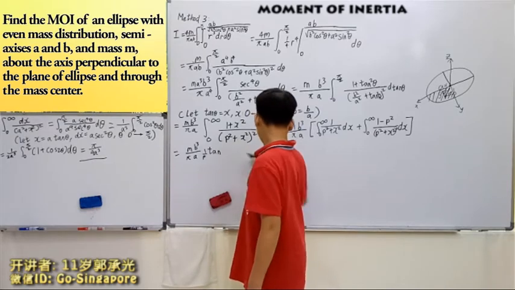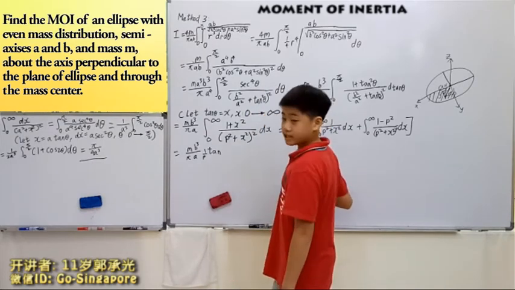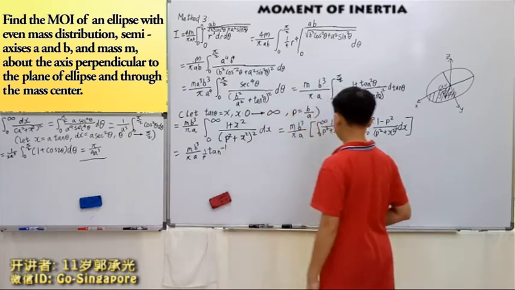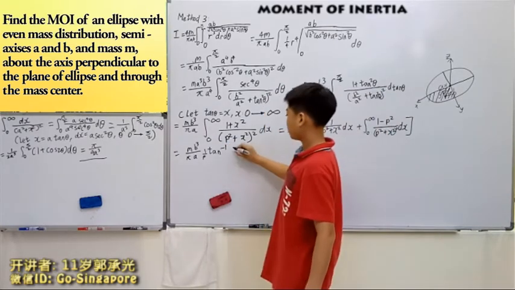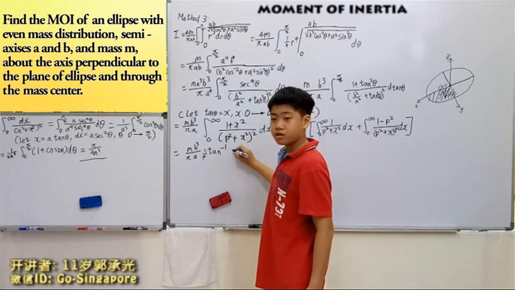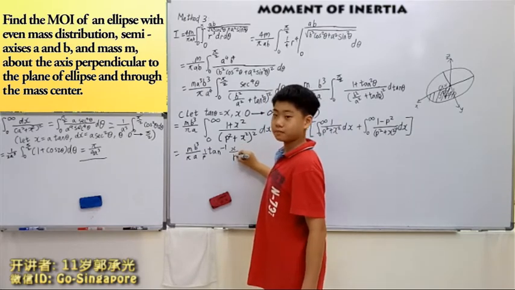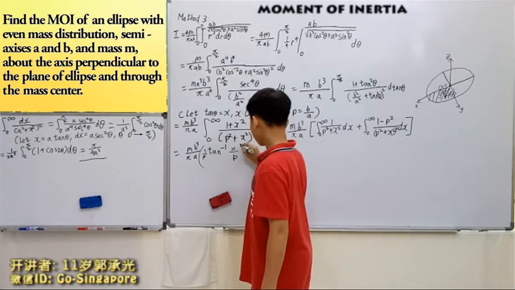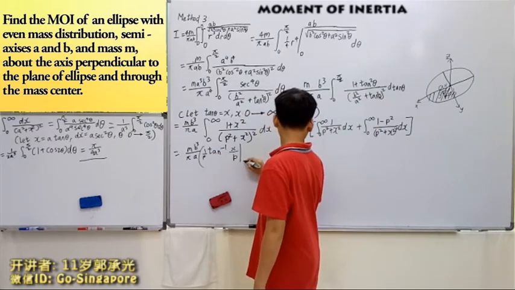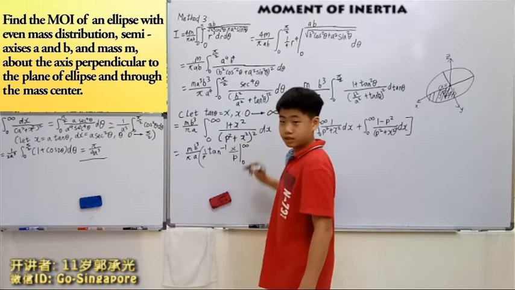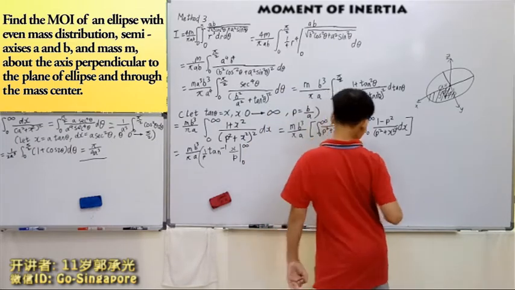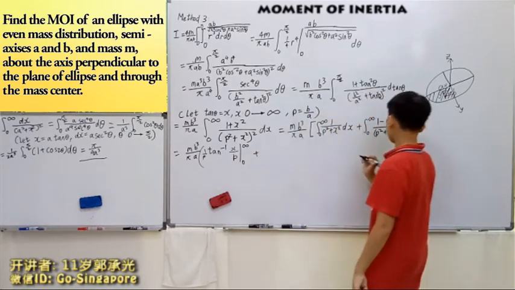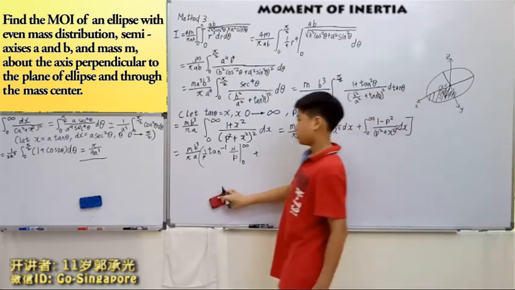Then we have tangent. Is it an inverse tangent? x over p or p over x? x over p. After that, start from, what do we want? 0 to infinity, right? Okay. Plus this part.